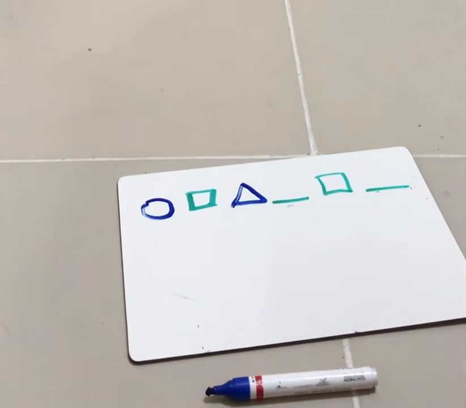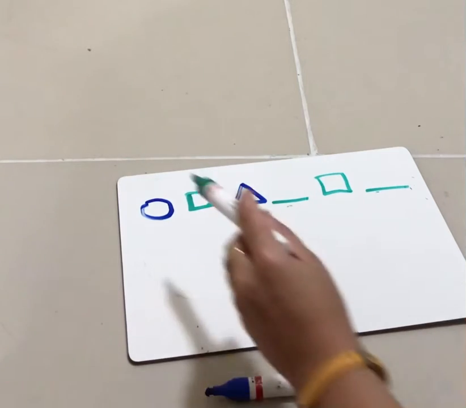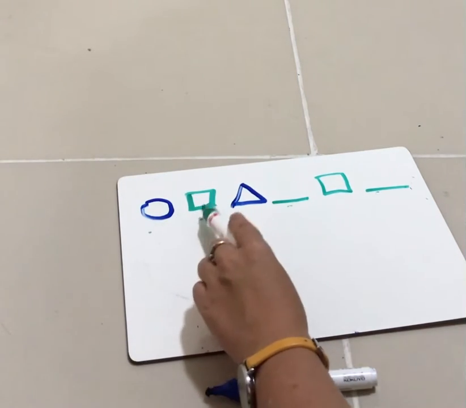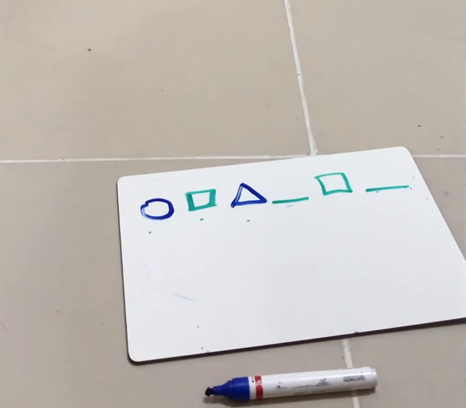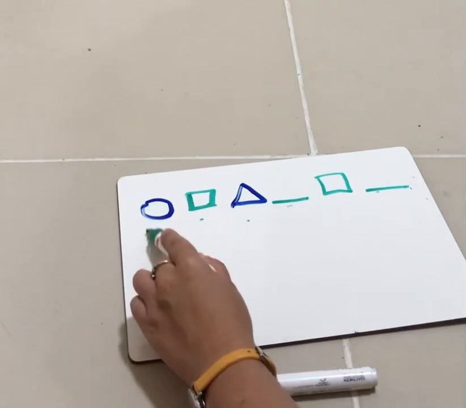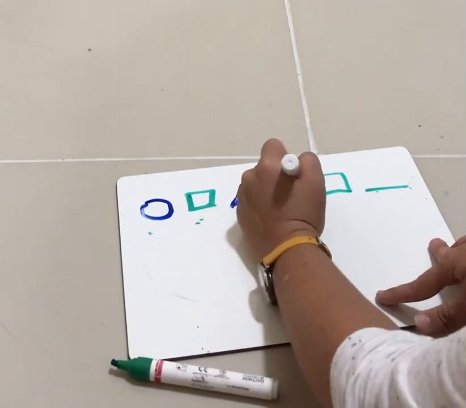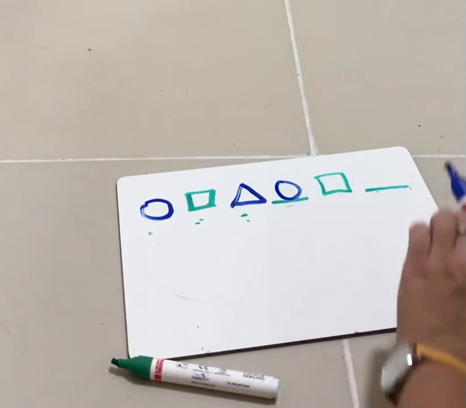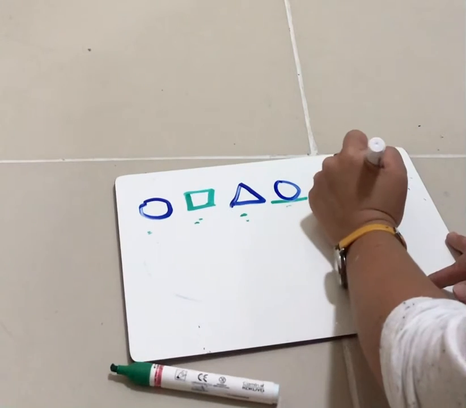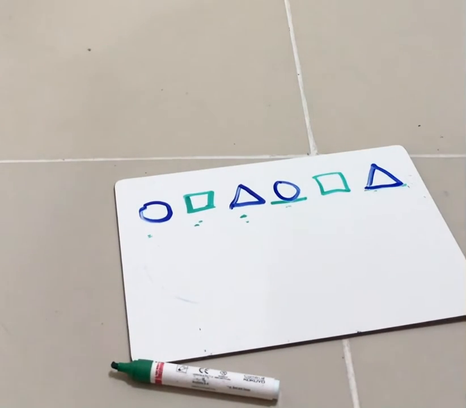Well, always look at the beginning of the pattern to see what shapes start it off. So I've got circle, square, triangle. So you know it's always going to go in that order. Are you ready? Circle, square, triangle. Circle, square, triangle. There we go. And that is our pattern.